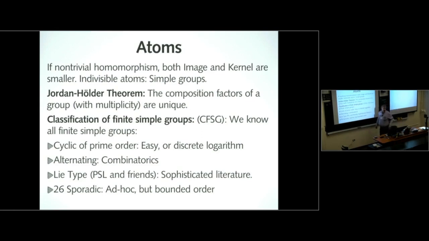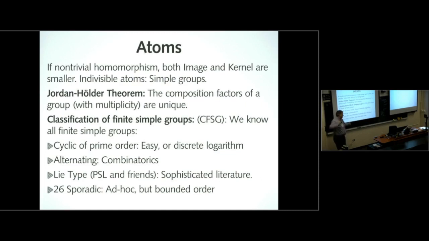Then there are groups which are called groups of Lie type. The prototypical example is the projective special linear group. So you take all matrices over a finite field. Now there are some normal subgroups. First, you don't take all, but only those with determinant 1, because that gives you a normal subgroup. And you factor out the center, which consists of diagonal matrices with determinant 1.